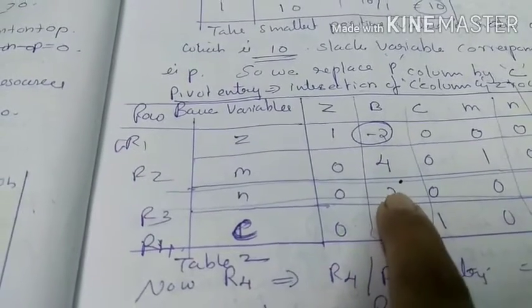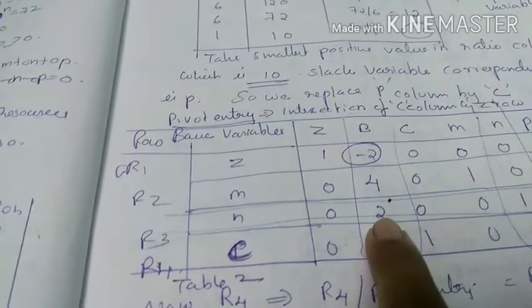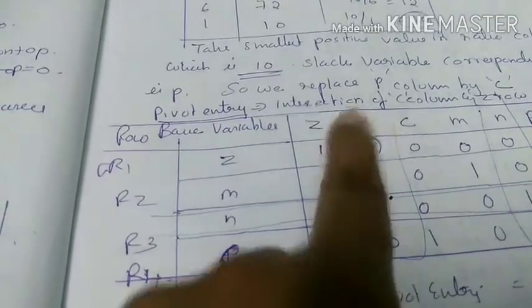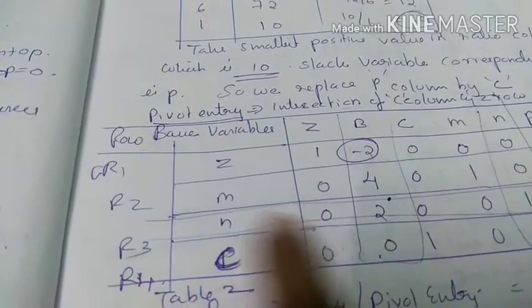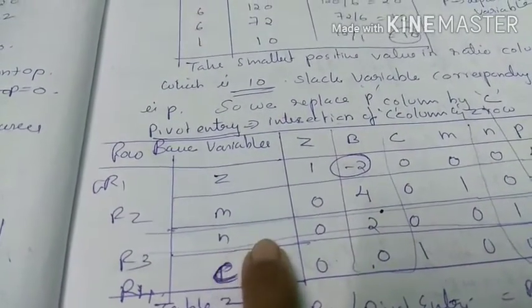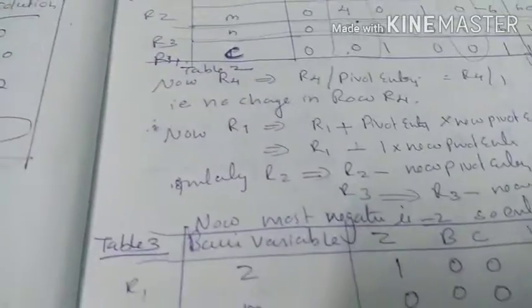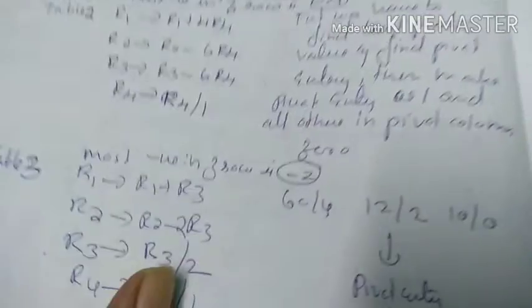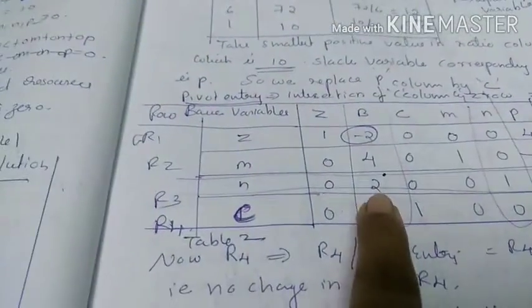So we have to replace this 2 with 1 and all the others with 0, and replace N by B. For that we have to use these equations. R1 gives R1 plus R3, minus 2 plus 2 is 0.